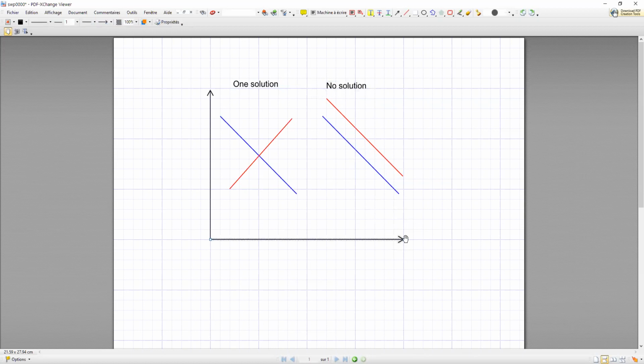And then lastly, infinite solution is when they are, of course, exactly the same.